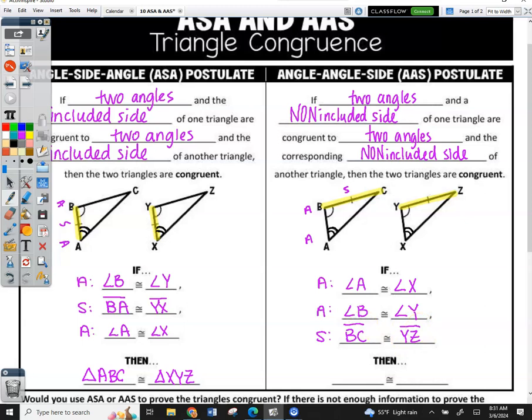You're going to have the same format as yesterday's Delta Math, with these. It's just now these shortcuts are possible. So once I verify that I've met my angle, angle, side shortcut, I can say that triangle ABC has to be congruent to triangle XYZ by the angle, angle, side shortcut.